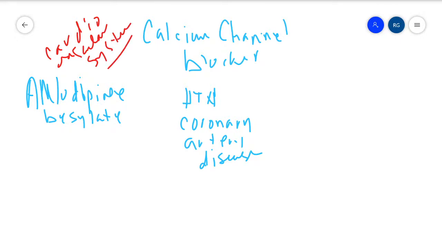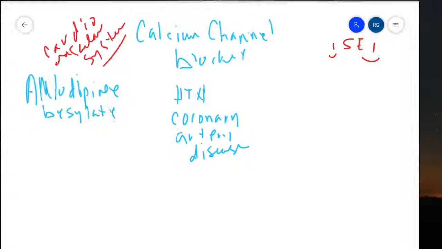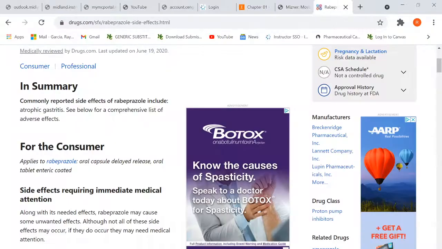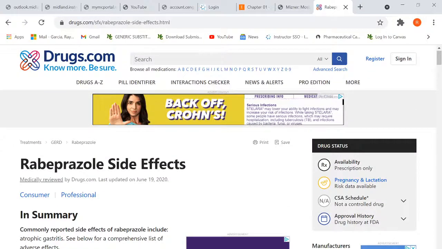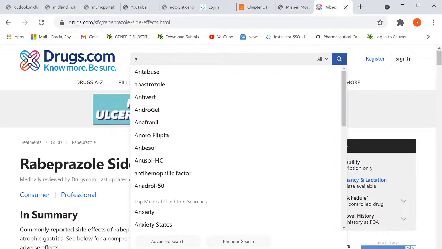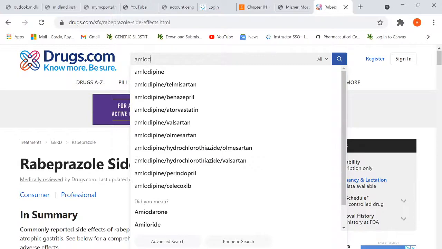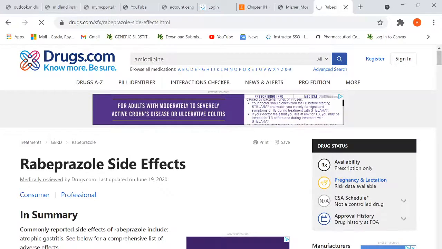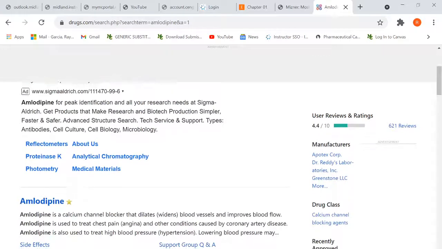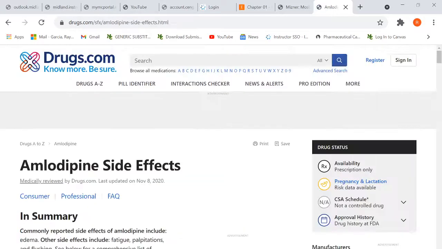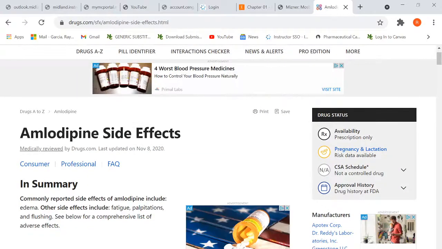And let's look at the side effects. Commonly reported side effects of amlodipine include edema. Other side effects are fatigue, palpitations, and flushing.